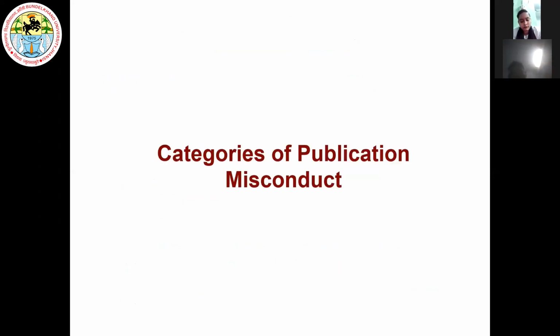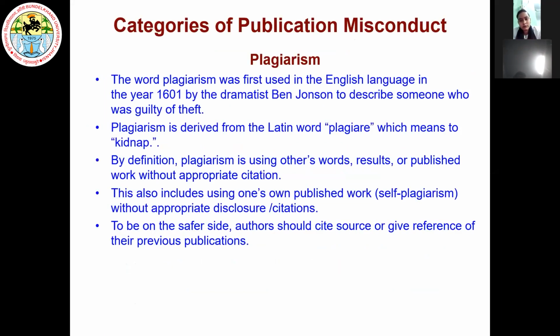Okay. Now I have categorized all major kinds of publication misconduct. The first major kind of publication misconduct is plagiarism. Now what is plagiarism? The word plagiarism was first used in the English language in 1601 by the dramatist Ben Jonson to describe someone who was guilty of theft.